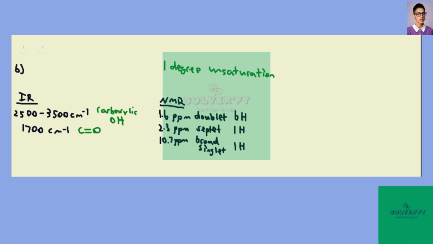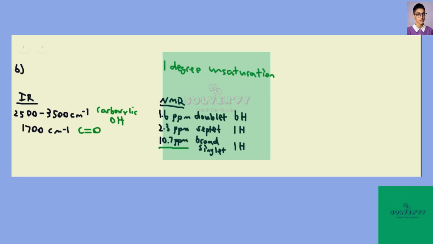Taken together, these two pieces of IR data are definitely making me think that we have a carboxylic acid. Looking at the NMR data, I'm going to skip to the third signal. This far downfield chemical shift, 10.7 ppm, anytime you see a chemical shift beyond 10, you should be thinking carboxylic acid.